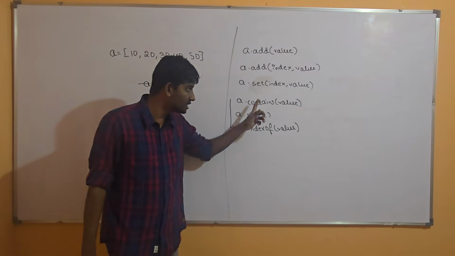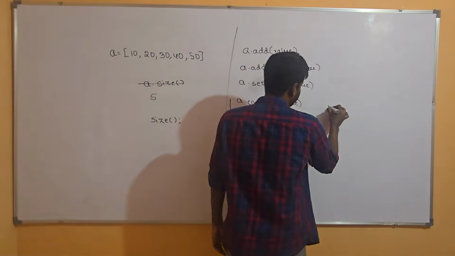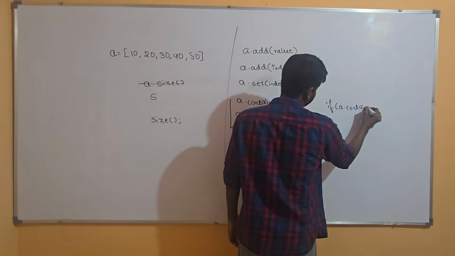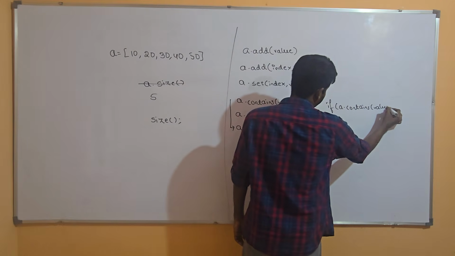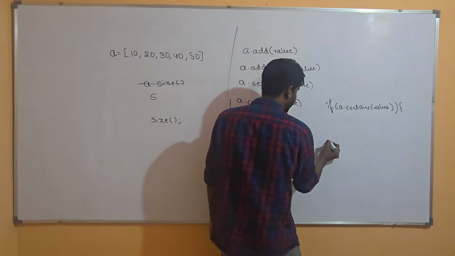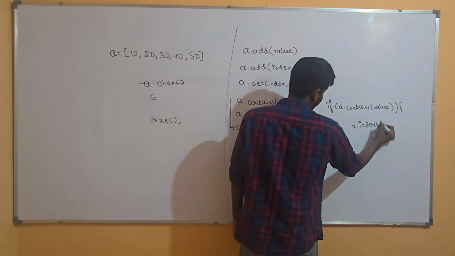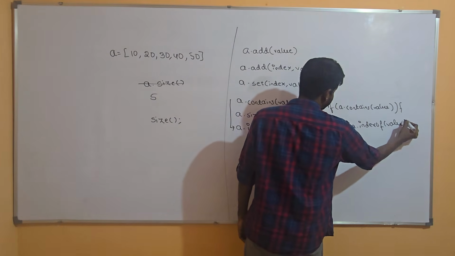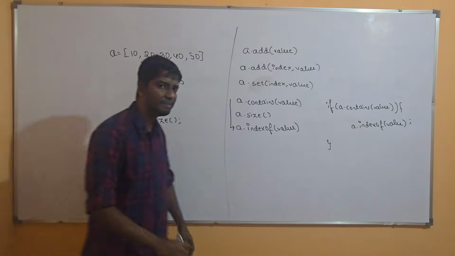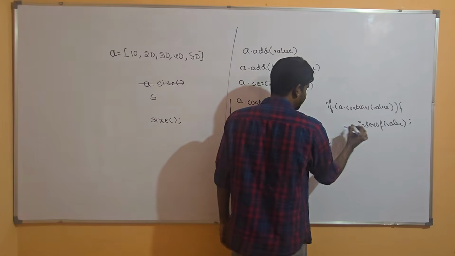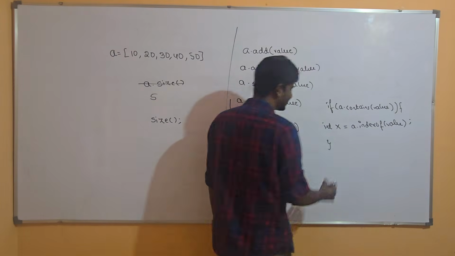So check with an if condition, that is, if A dot contains value, only then you write A dot index of value. Until and unless that number exists, don't use this, it's meaningless. If the index exists, that will give the index number. You can store it in a variable called x or something.